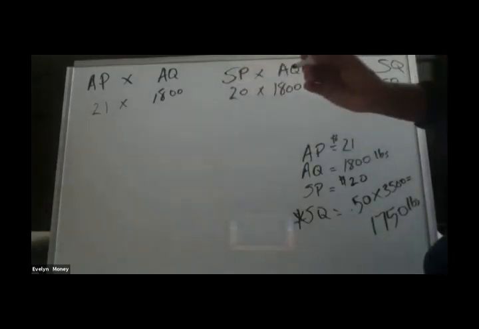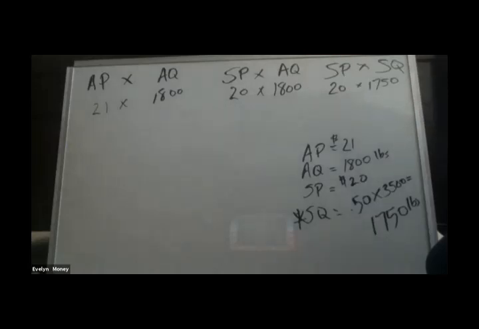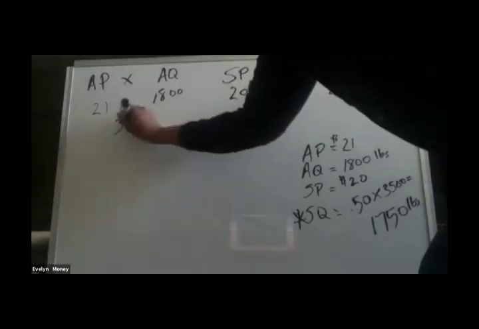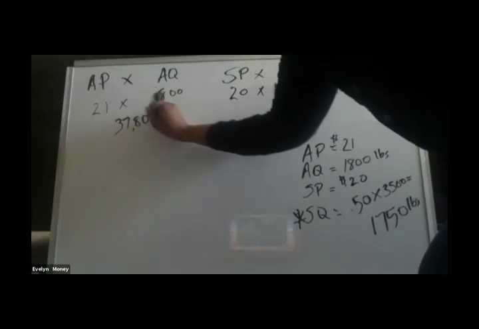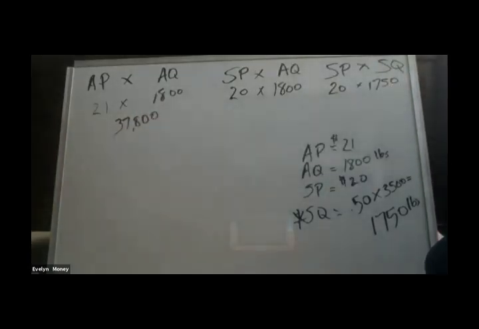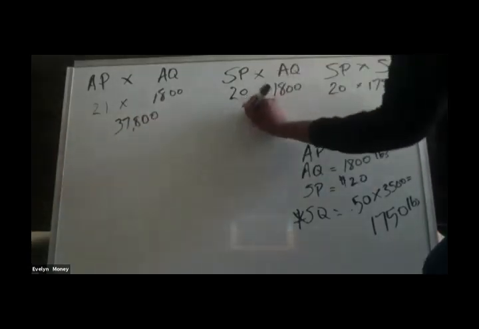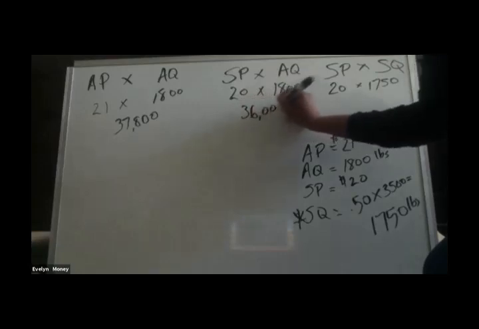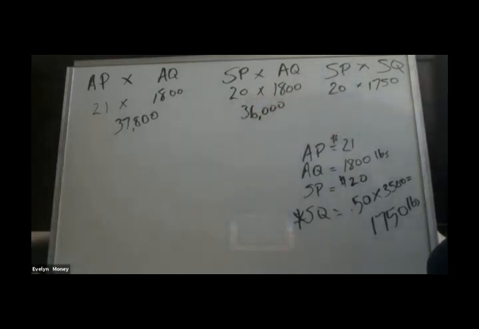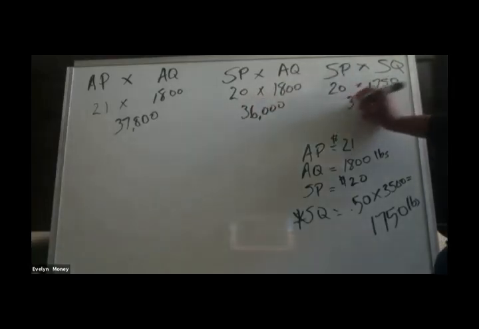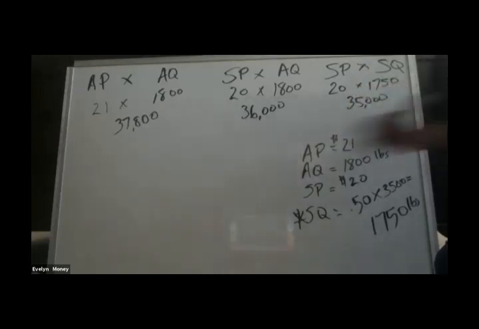So the 21 times the 1,800 gives me 37,800. And then the middle one will give me 36,000. And then the last one gives me 35,000.